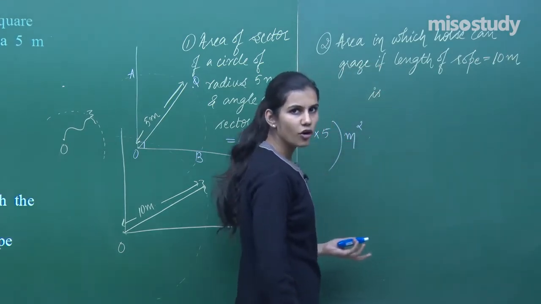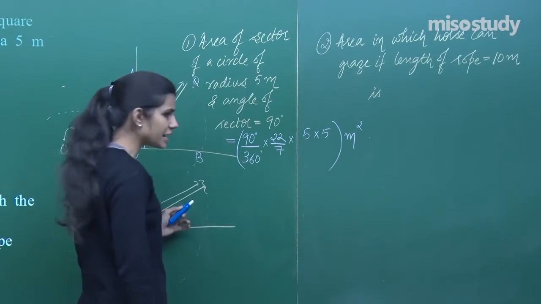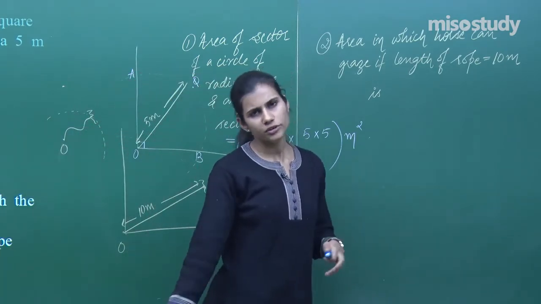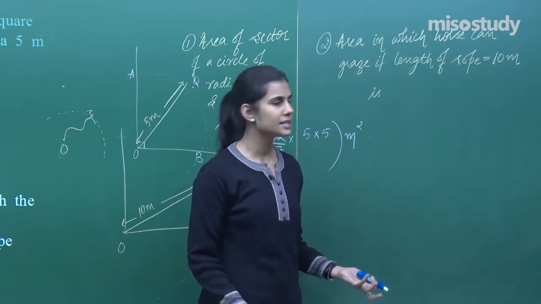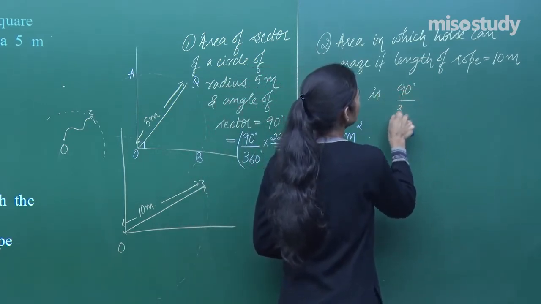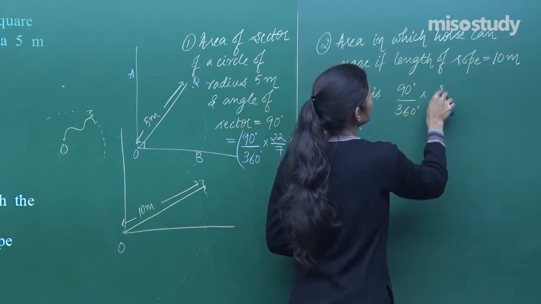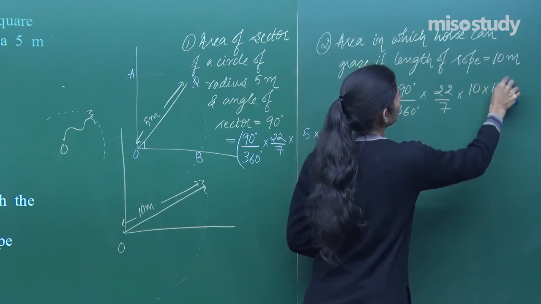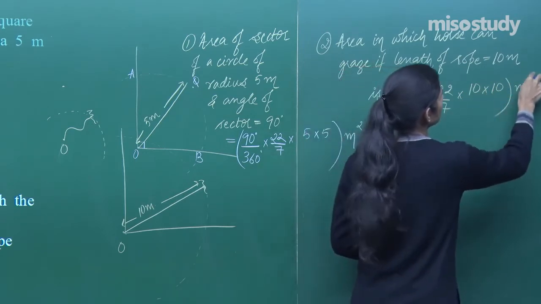Again the same, the area of a quadrant of a circle of radius 10 meters. The angle of the sector, or the angle of the quadrant, you can treat it as a quadrant or a sector, is the same thing, it is 90 degrees. So it is 90 by 360 into pi r square meter square.